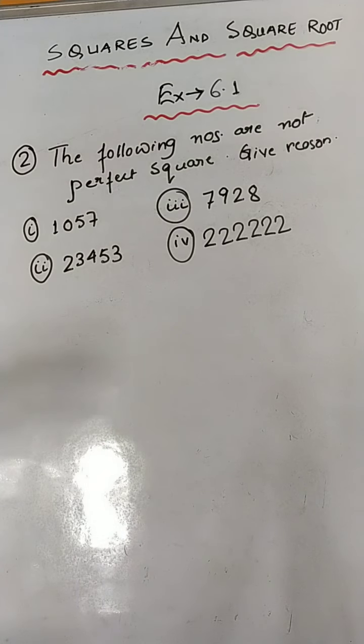But apart from that, if any number ends with 2, that is the unit digit is 2, or 3, 7 or 8, then it will not be a perfect square.